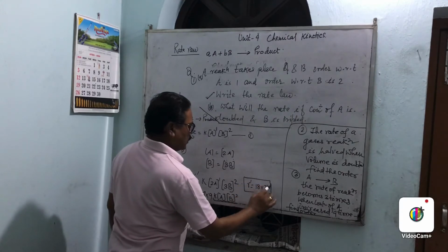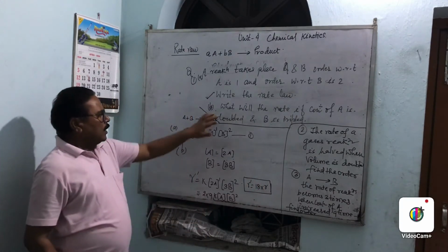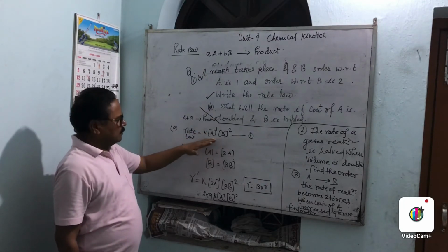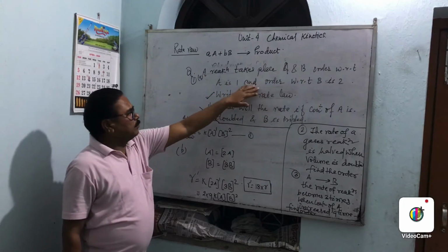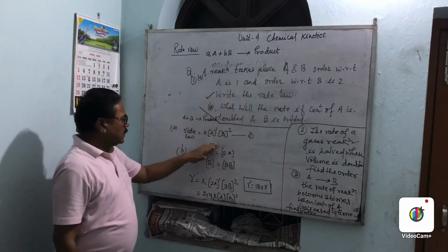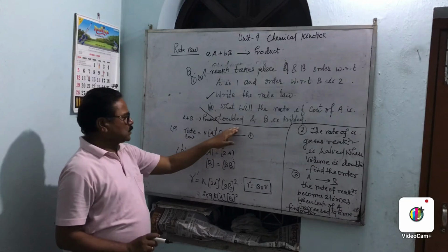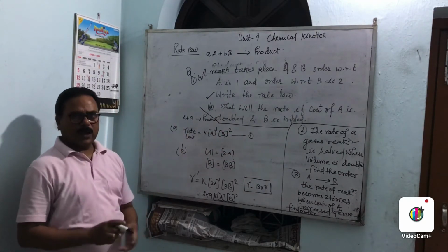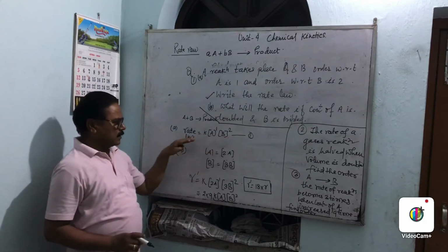What does it mean? In the first case, we are able to write the rate of a reaction. The power of each term is given: for A we put 1, and for B we put 2, and find the rate law.